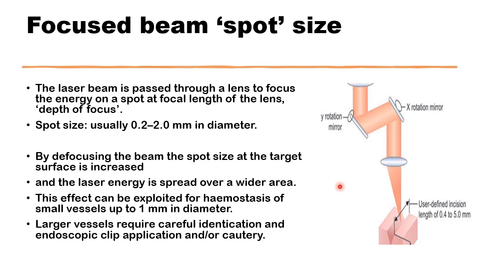Now, sometimes you would actually want the beam not to be too focused. Say if you have a little bit of bleeding or oozing from the tissues in here, you may choose to defocus the laser machine, so the end spot will be out of focus, and the energy would be distributed into a wider area, but at a smaller concentration, smaller density, and this could be helpful in achieving hemostasis for oozing areas or raw areas.